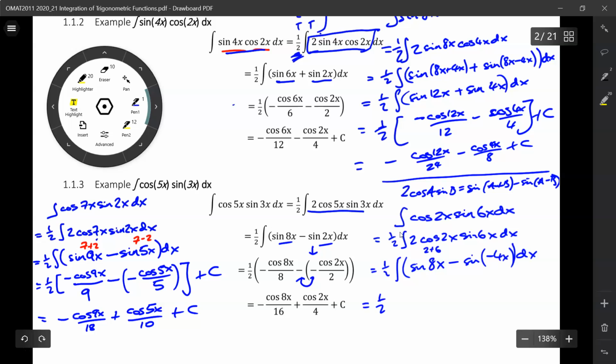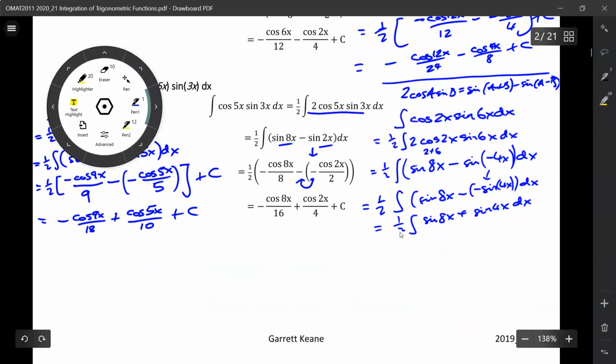That is equal to half times the integral of sine of 8x. Now remember what I said, the sine of a negative number is minus the sine, so this becomes minus the sine, and that gives me a half times the integral of sine of 8x plus the sine of 4x dx.